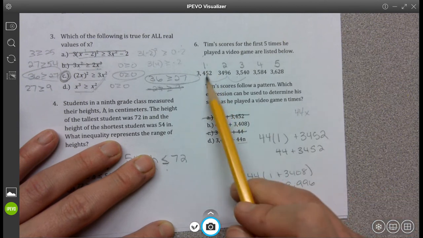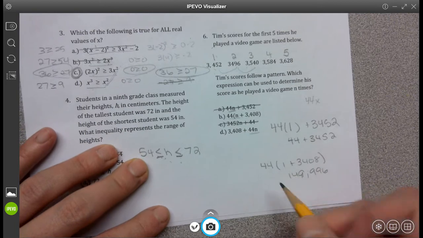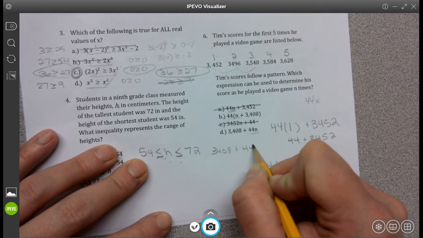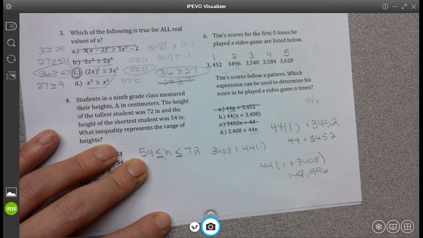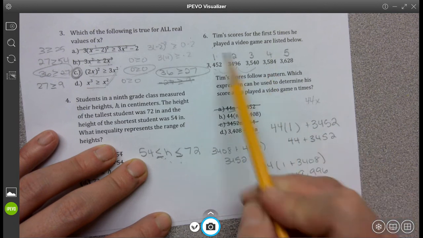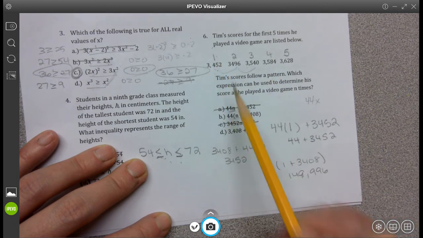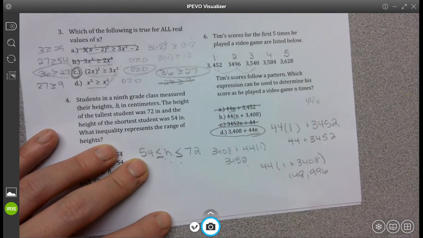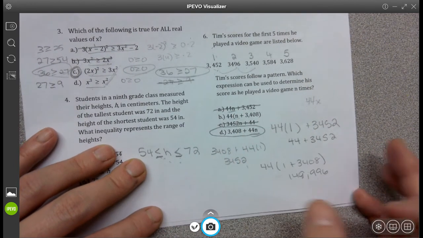That is not 3452. So it must be the last one. I start with 3408 plus 44 times 1. I will get 3408 plus 44. Yeah, I get 3452. So when I plug in 1, I get 3452. So this is an equation that represents the pattern of Tim's scores.